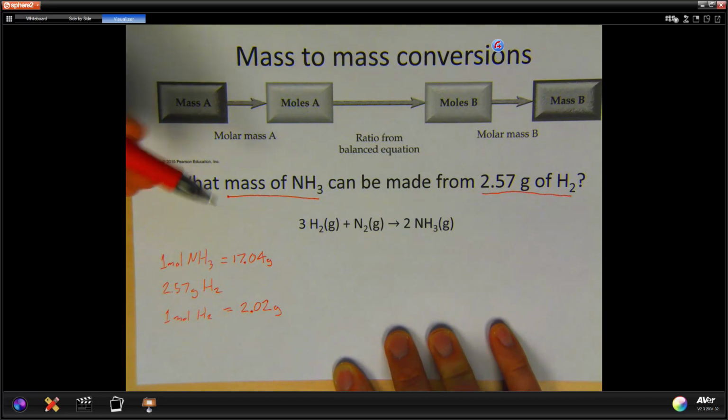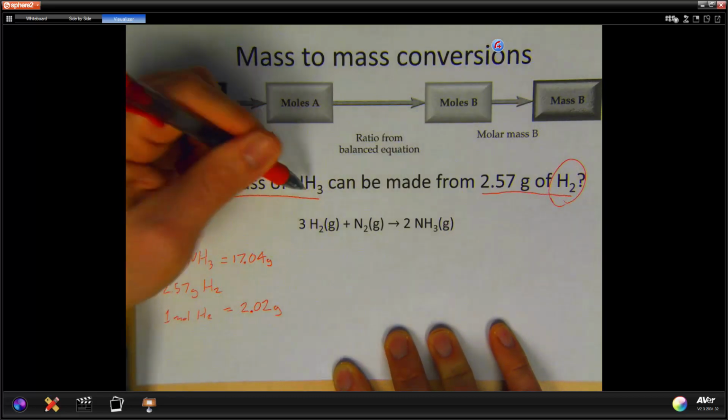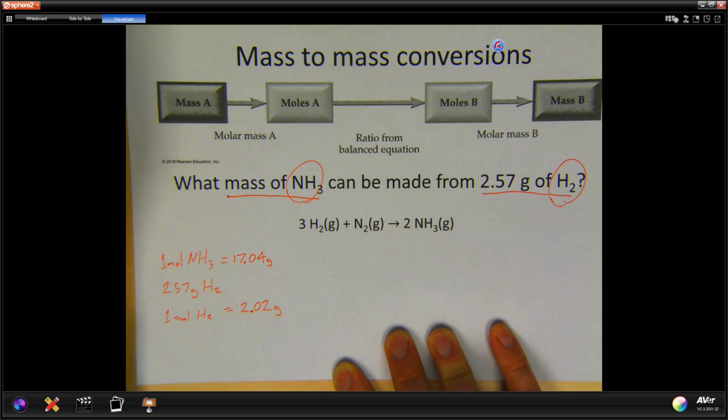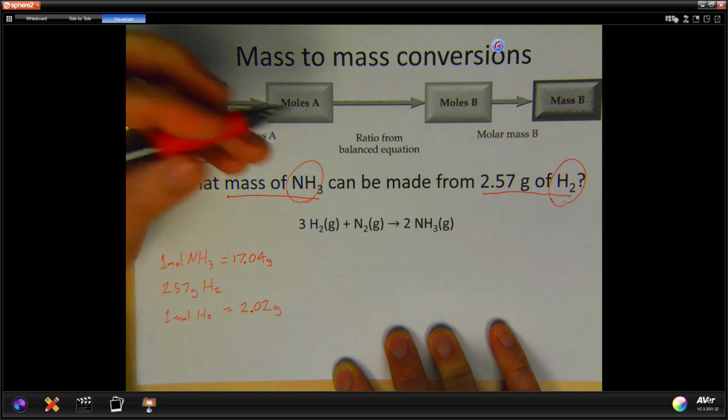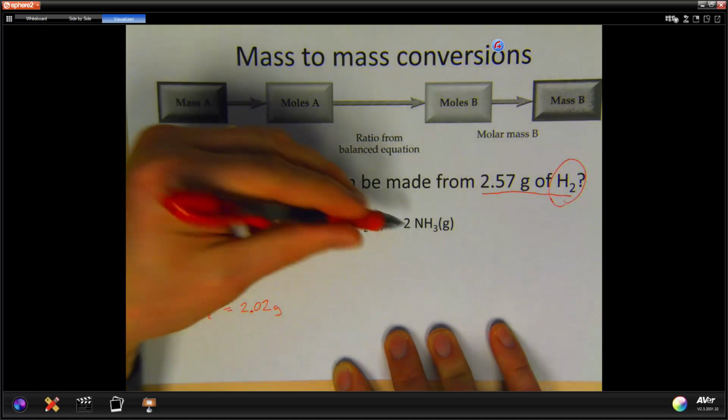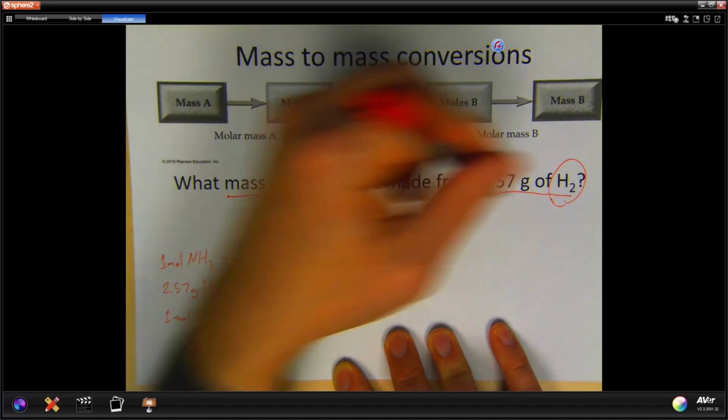So the two things we care about are H2 and NH3. Usually there's going to be 2. We'll see later what can happen where you might care about more than 2, but for this section, it will just be 2. So we look at the balanced equation and we look at how NH3 is related to H2.